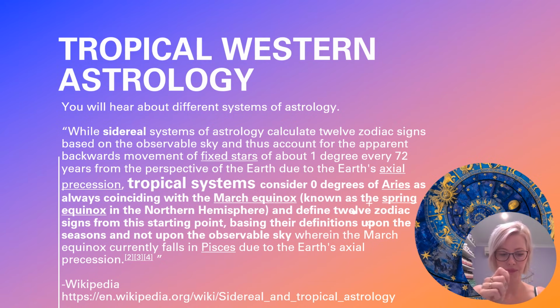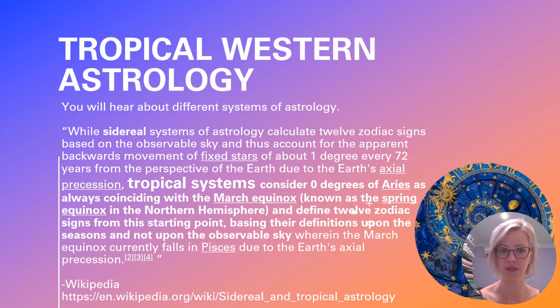It's like it's on a tilt, and it sort of changes its perspective to the sky. As it says, 1 degree every 72 years. So basically the sky looks different over time. Sidereal systems account for that. So that's a different system which we are not focusing on. We are focusing on tropical systems.